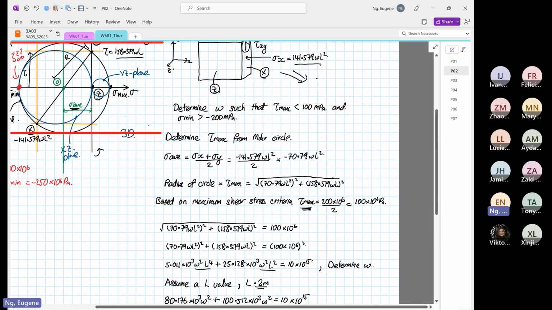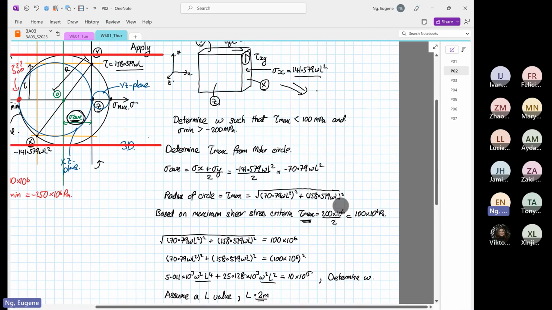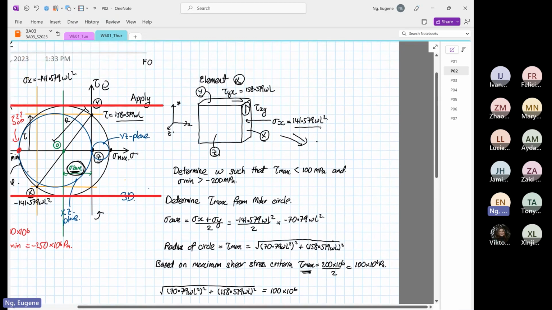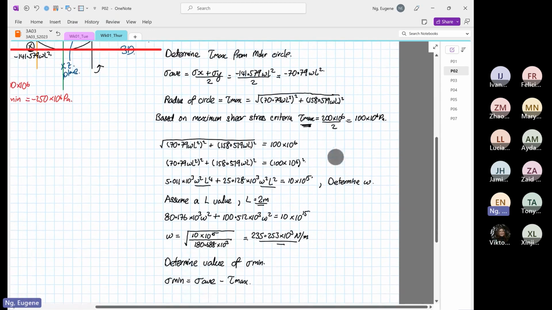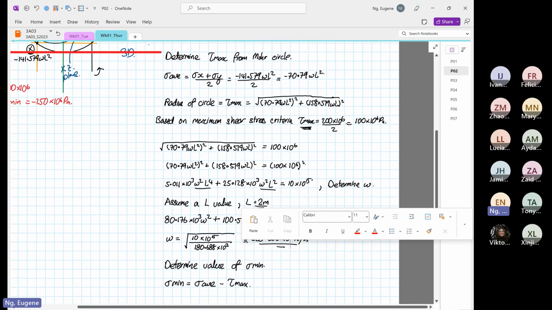Why minus? Because we know that this is our stress average, and the tau max is our radius. So we have to now calculate. We know this value, and this value is our radius. So from here, the stress average will be equal to minus 70.